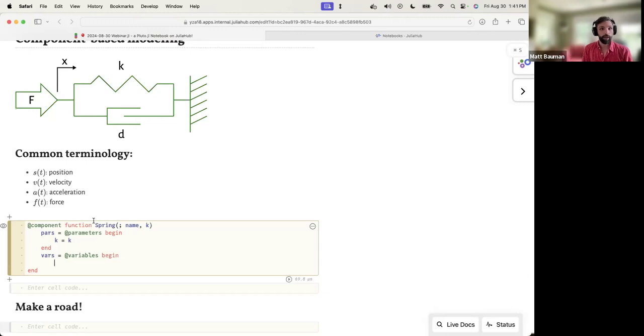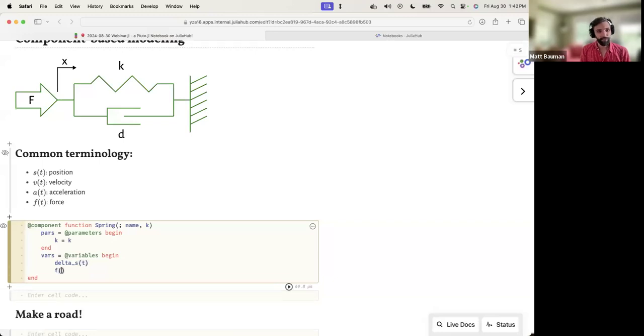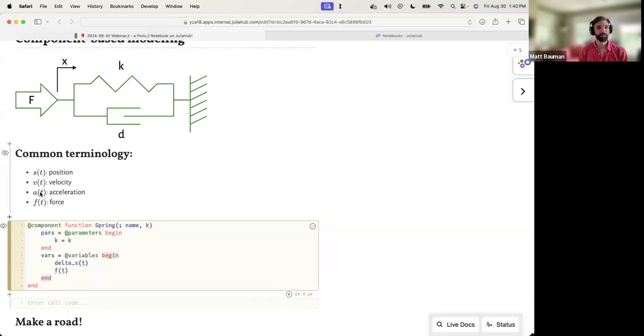This is where using this terminology is helpful. We want to know the displacement of our position, so we'll use the language of delta here to represent displacement from the natural position, not to be confused with the derivative itself. And we have the force that's being applied to the spring. Those are the two variables that the spring cares about. And the spring equation is just F = K times this displacement.